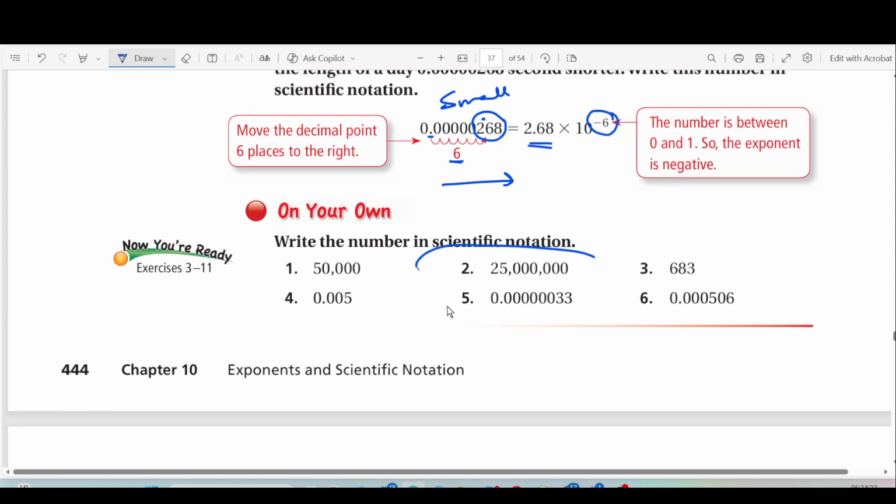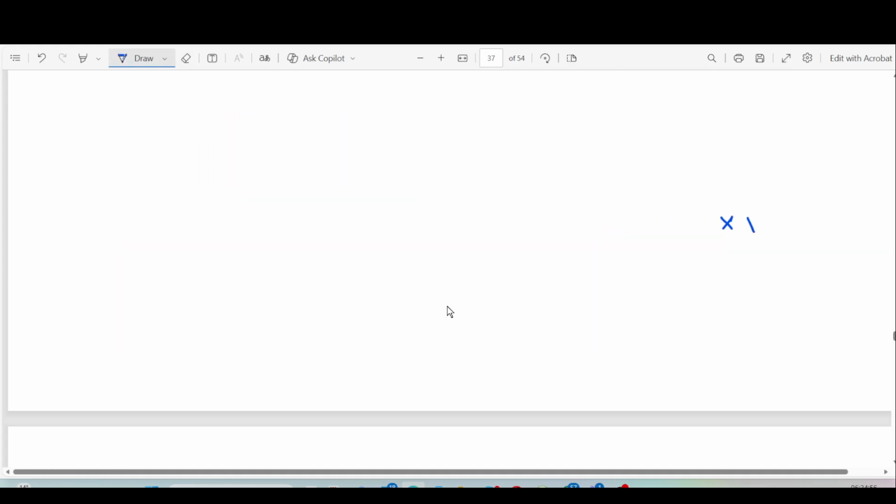Okay, try this. Write it in scientific notation. 25 times 10 to the power of 6.